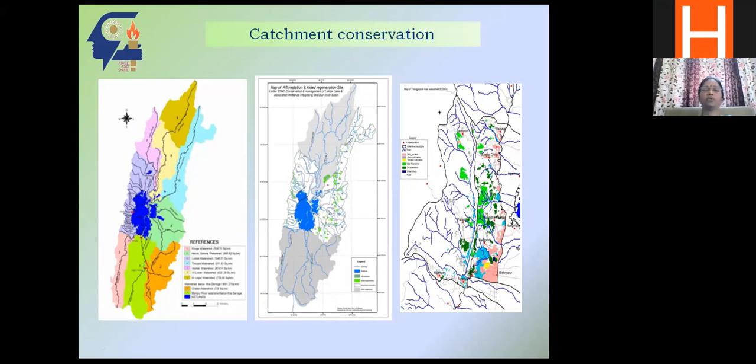Trees were planted so that the soil loss could be reduced. Of course, the catchment area was assessed using remote sensing images, and the fallow land was identified. We have to identify the places suitable for afforestation. Such things have been carried out, and you can see some green color portions where the afforestation was done.